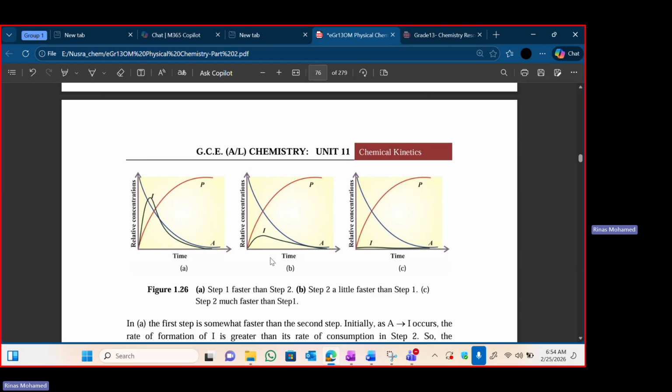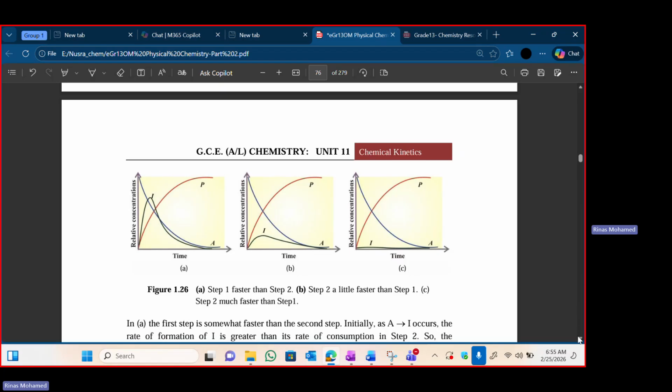For the second graph, you can go through it: the intermediate concentration is increasing, but it is much lower in comparison with graph A, and after that it will also decrease in the second step. If the first step is very much slower compared to the second step, then the second step is very fast and the first one is very slow. A minute amount of intermediate concentration will come, and that also will disappear after some time.